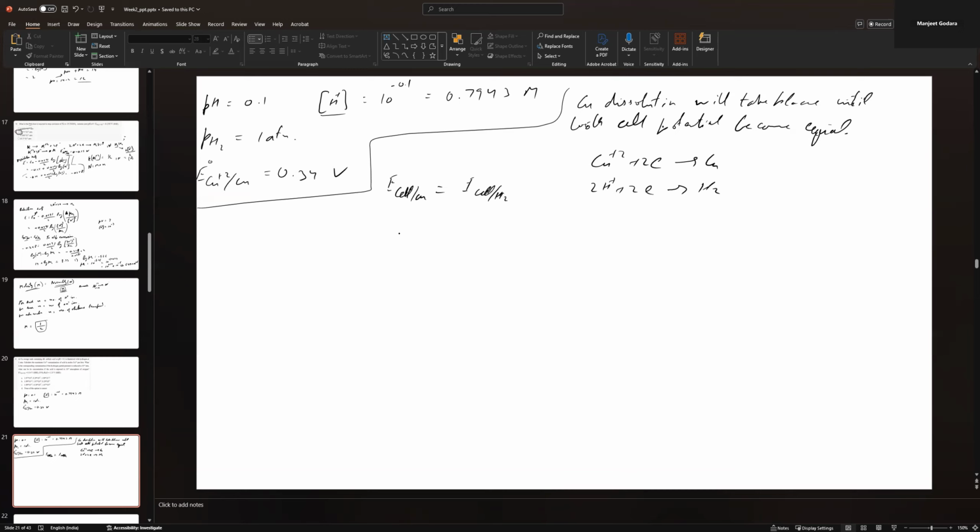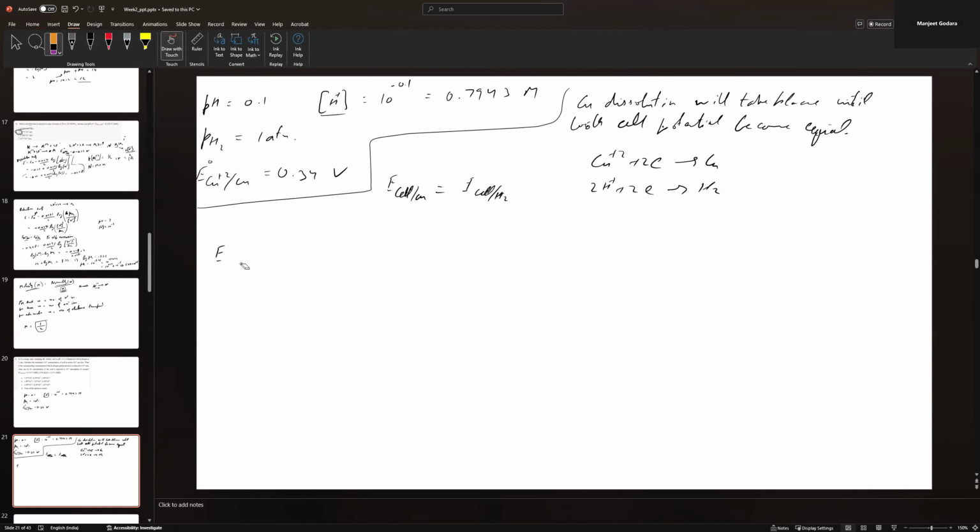For the copper half, the Nernst equation becomes E naught Cu2 plus/Cu plus 0.0591 divided by 2 log of Cu2 plus. This equals E naught of H2, which is 0, plus 0.0591 divided by 2 log of H plus ion concentration squared divided by pH2.